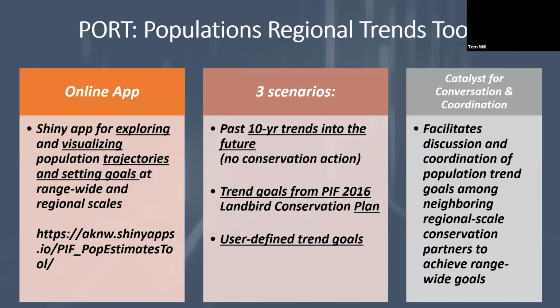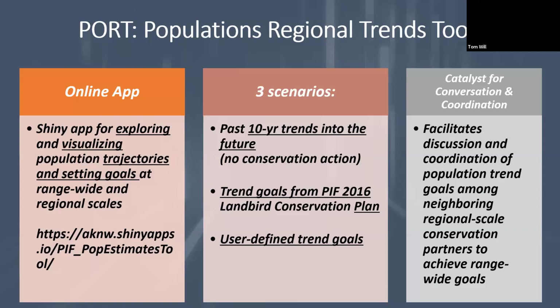And then none other than the Black Skimmer, Tom, thought that this was an excellent thing that we could turn into something more widely applicable. And so between Tom's efforts, he roped me into doing this in a way that we could pre-populate examples using all of the Partners in Flight Watch List species at that point in time. So this tool is about 5 years old now, so take that into consideration. And then Caitlin Gillespie at Klamath Bird Observatory really did the behind-the-scenes work in terms of creating this Shiny app.